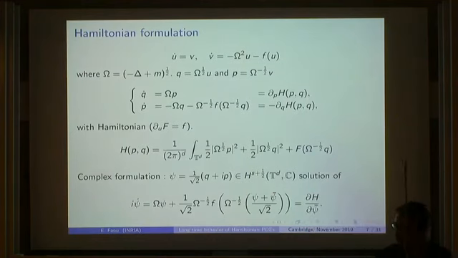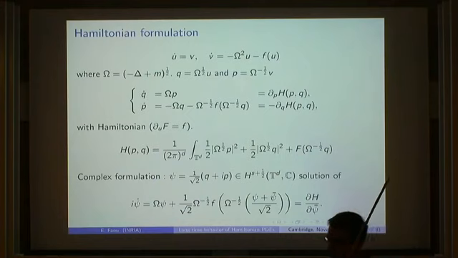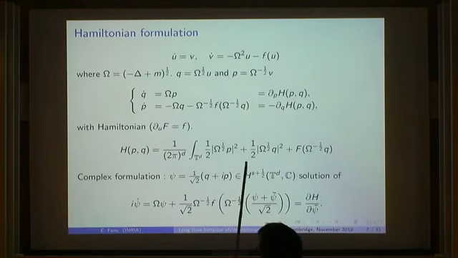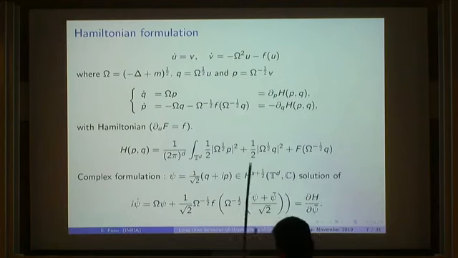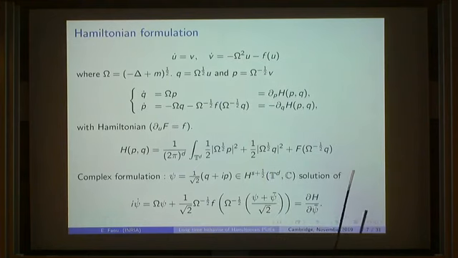So if m is equal to 0, you don't have the mass term. In 1D, this square root operator has a symbol in Fourier.